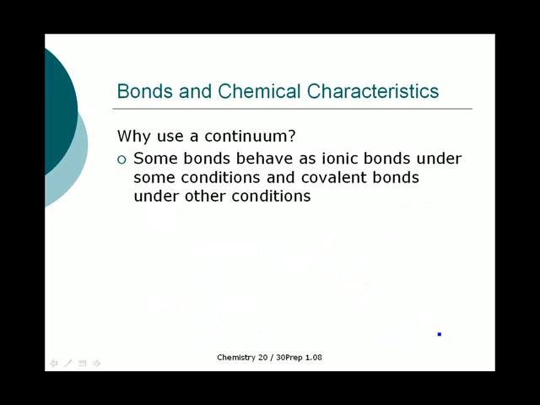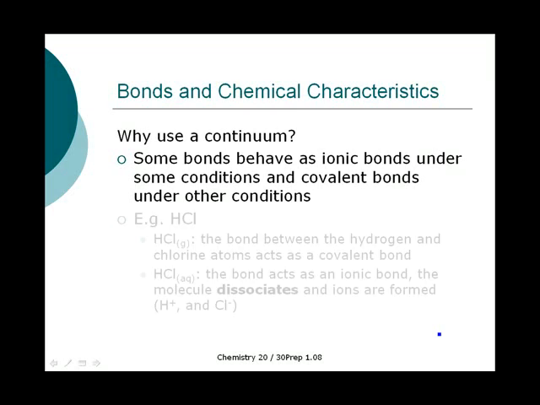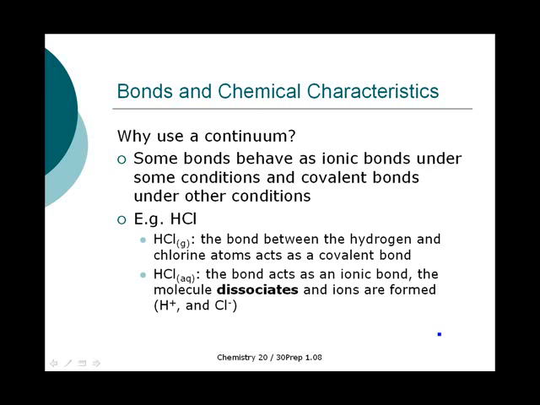So we use a continuum because some bonds behave as ionic bonds under some conditions and covalent bonds under other conditions. An example would be hydrochloric acid. If we take a look at this acid, its difference in electronegativity between hydrogen and chlorine is 2.2 minus 3.2, so it's 1.0, which means it should be polar covalent.